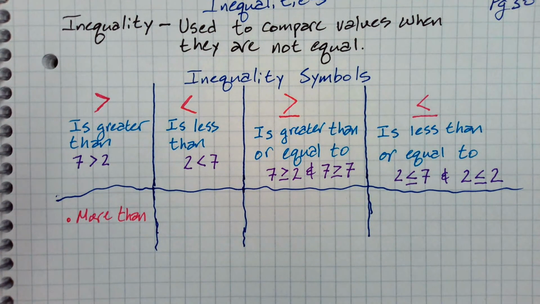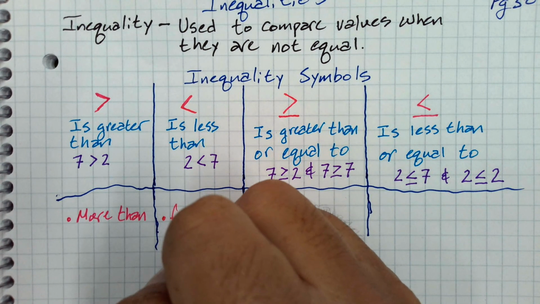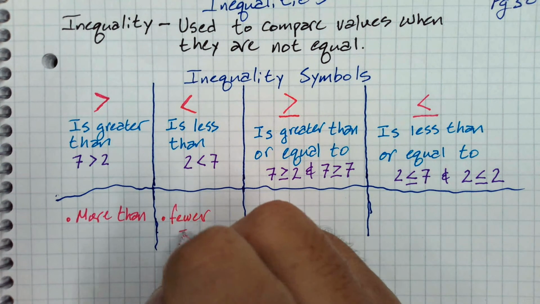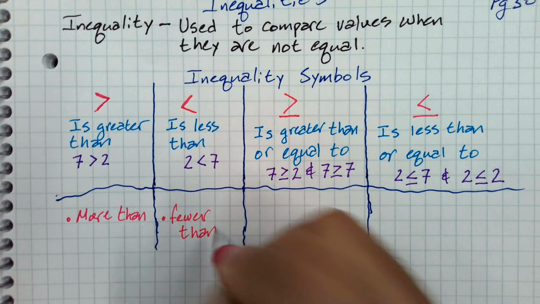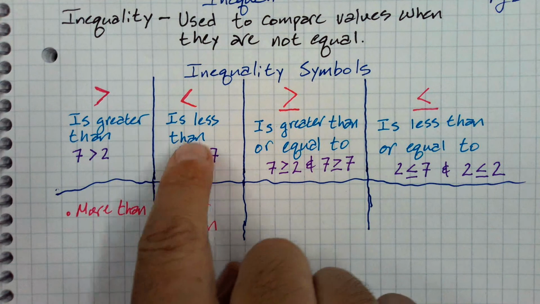If you've ever said more than, something is more than another thing you're comparing using this symbol. Okay? Have you ever said fewer than? There are fewer students in my first period than in my fourth period. That's this.